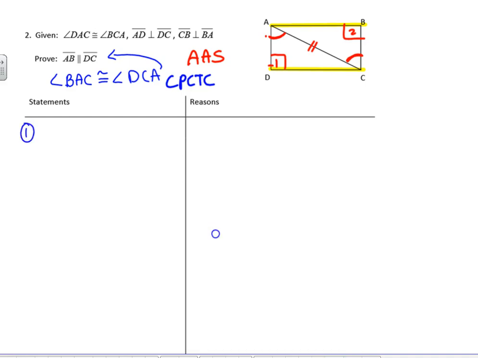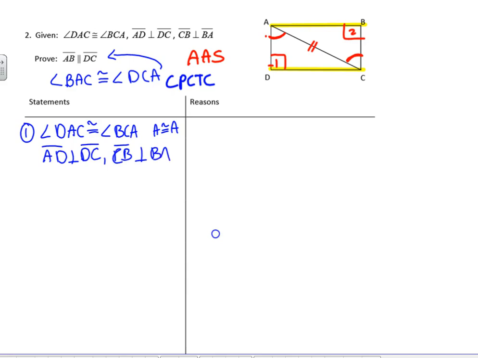Okay, so let's go ahead and do this out. So we got angle DAC congruent to angle BCA. Okay, that's an angle congruent to an angle. And then we've got AD perpendicular to DC, CB perpendicular to BA, and that is given.